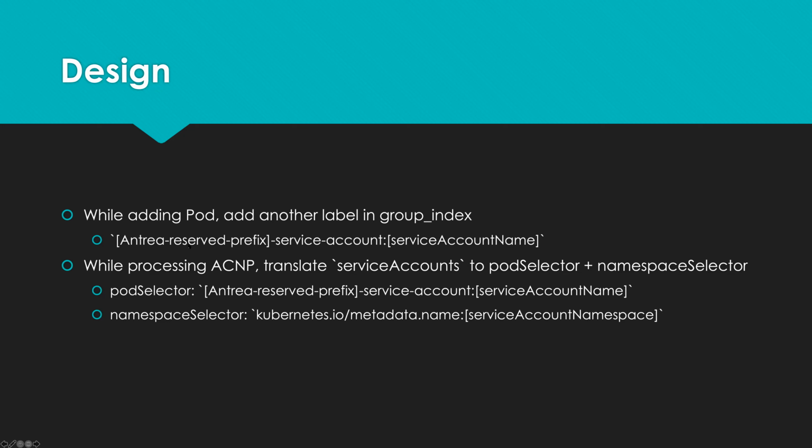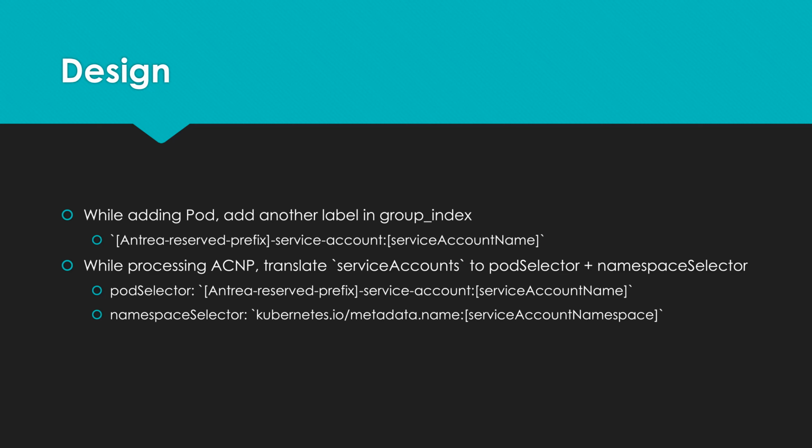First we have an Antrea reserved prefix, and about this prefix I have some questions, like the label conflict issue, which I will discuss in the open questions part. So first is the Antrea reserved prefix and the service account as the key label, and then the service account name as the label value. So basically, after the pod is added in the group index, it will also have this label added to its related label item.